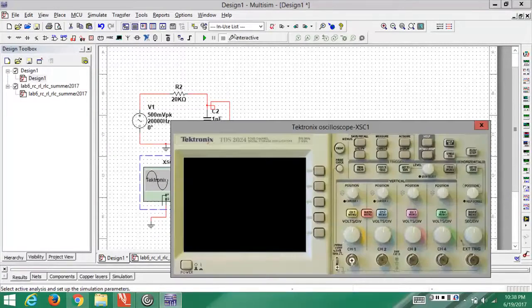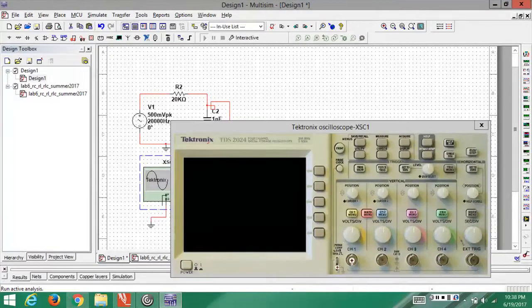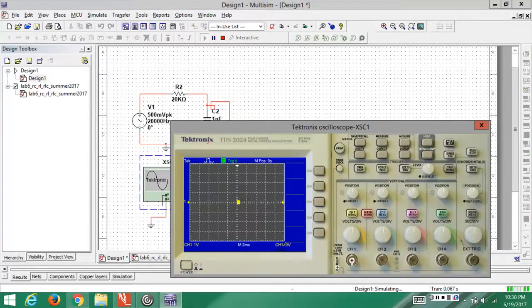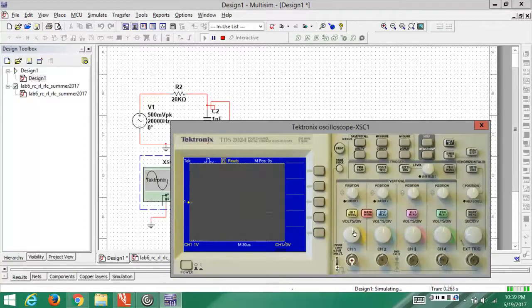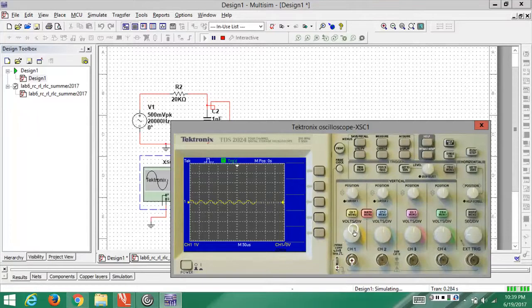So if I run this circuit now, we can use this knob over here at the end to see more cycles, or less cycles actually, of the waveform. And we are connected with channel 1, so I will use the channel 1 volts per division knob to increase the amplitude.